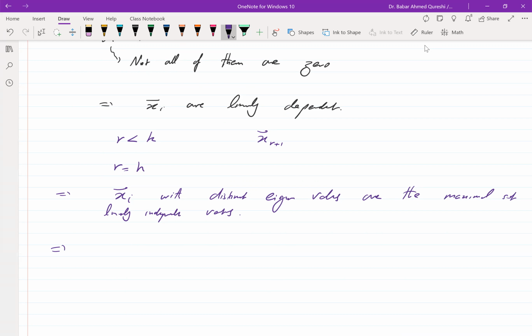So that means all vectors with distinct eigenvalues are linearly independent.